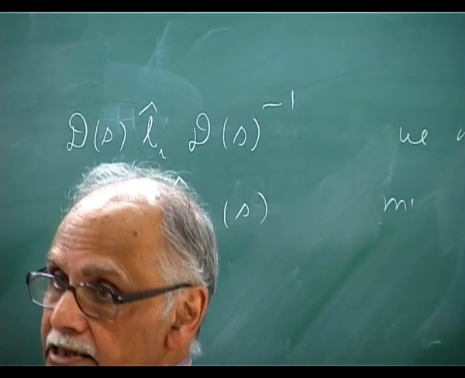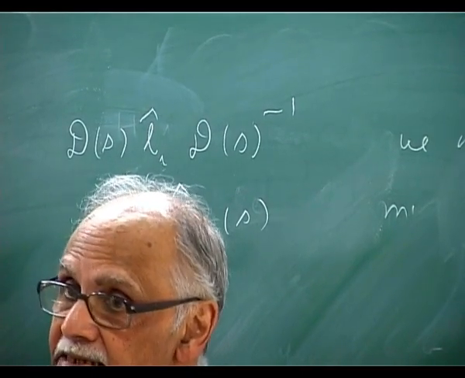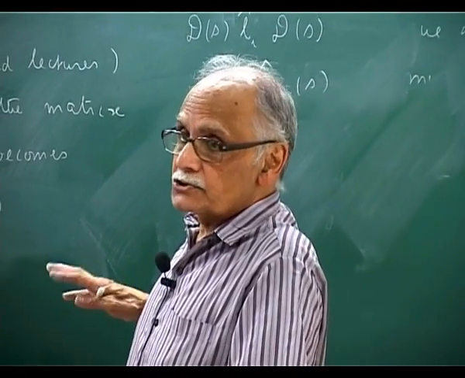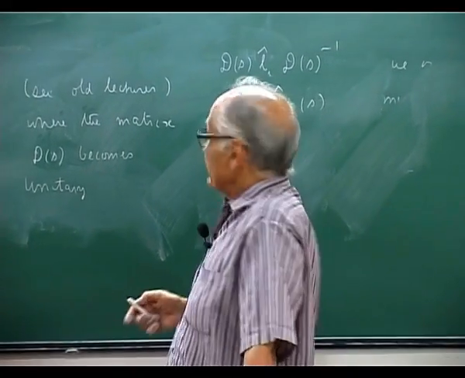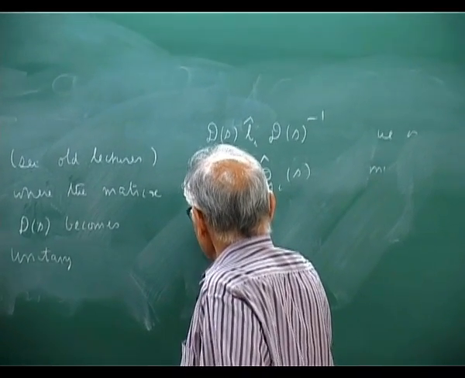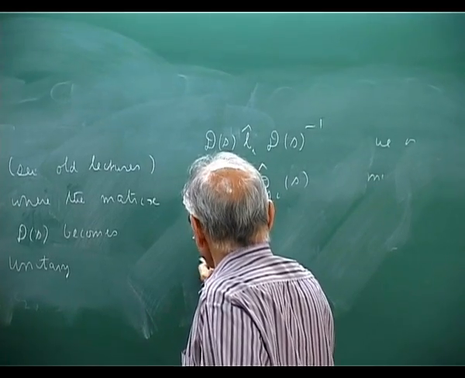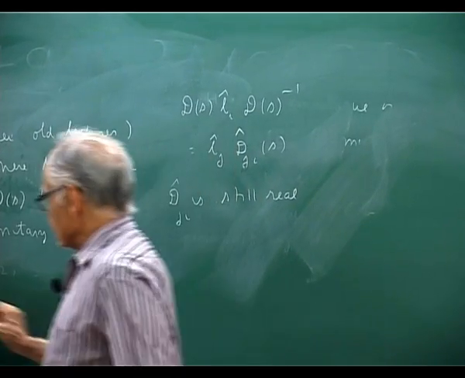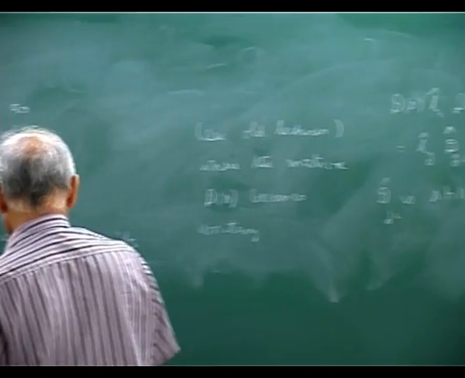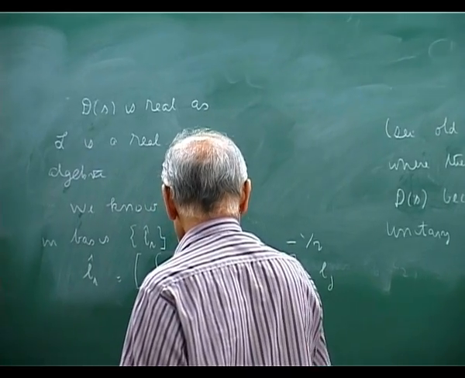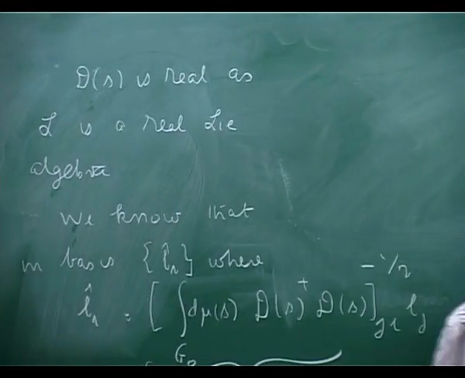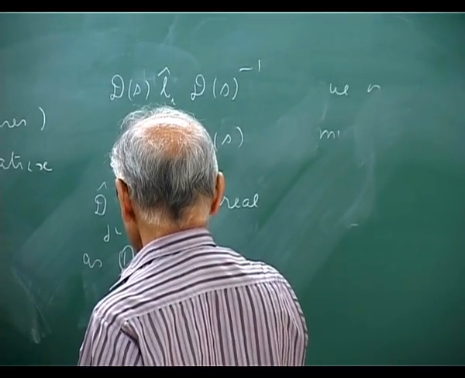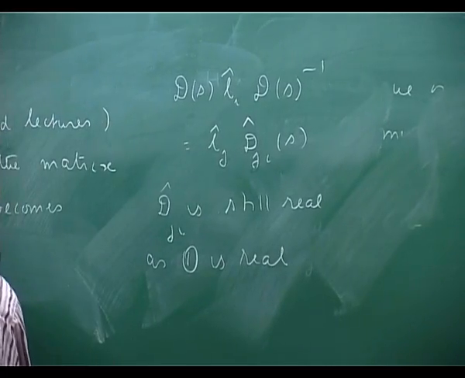because I showed that you can always make a similarity transformation for a compact case, for the finite case, which is also the compact case, where everything becomes unitary, but this d hat is still real, as this object here is real.